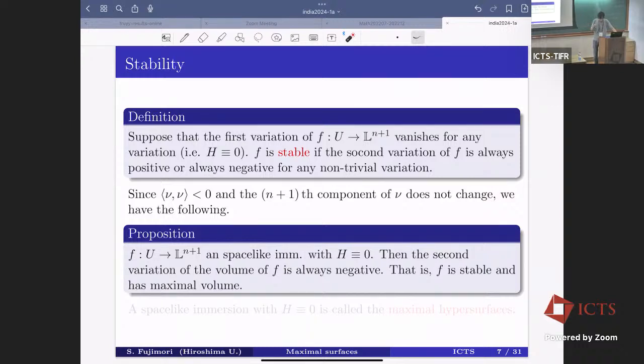So the first variation is 0 and the second variation is negative. This means the volume of a surface with vanishing mean curvature is maximal. So we call a space-like immersion with H equal to 0 a maximal hypersurface. So not the minimal surface, but the maximal surface. Okay.